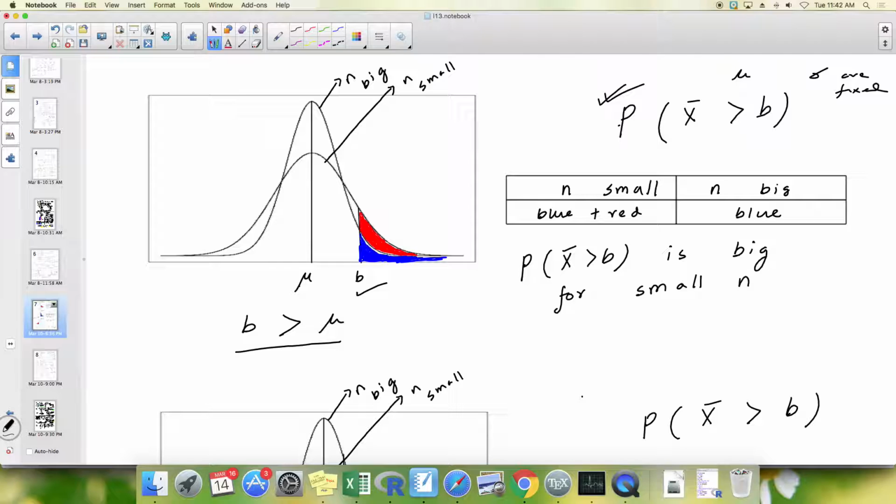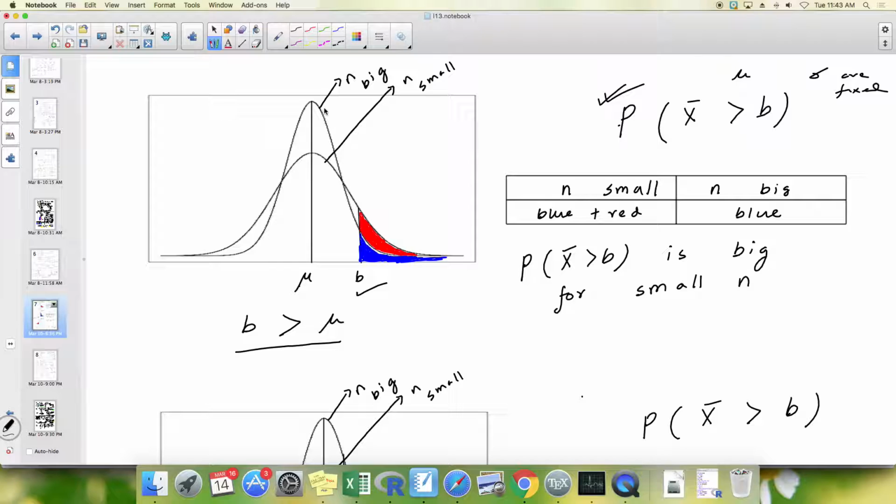So you can see from this picture, for n small, that means the short and flat graph, the right tail is red plus blue. I cannot show this to you. You have to take a good look at the picture and then you can see it in 5 seconds.